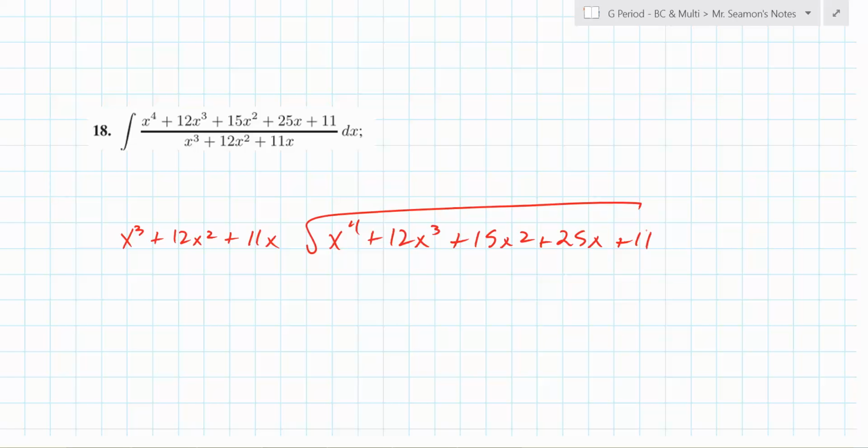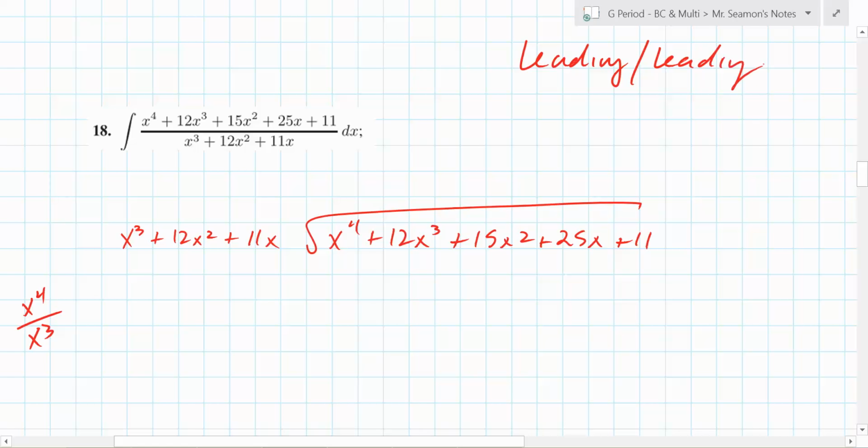It's x to the 4th. So you do x to the 4th over x cubed. The only thing you need to remember for long division is leading over leading. What's x to the 4th over x cubed? It's x.